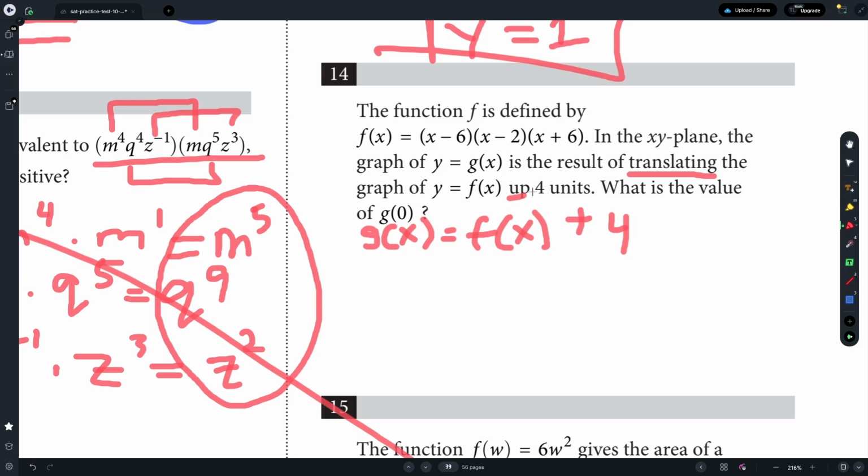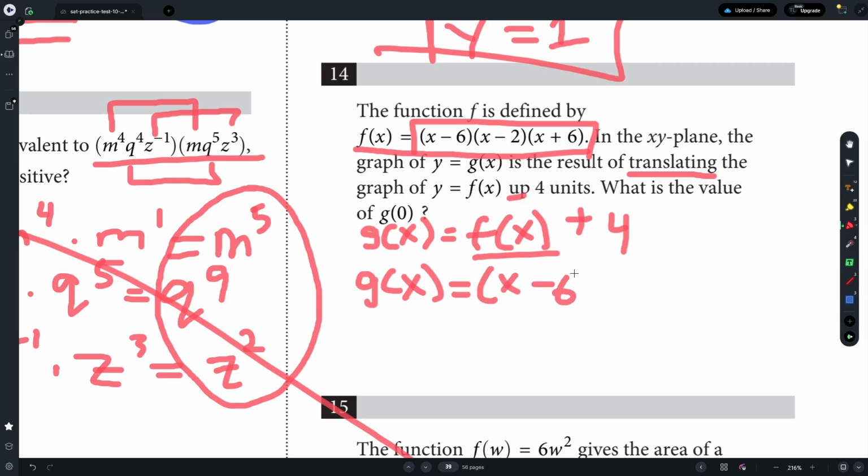And it says that f of x is this expression, x minus 6 times x minus 2 times x plus 6. So we can just substitute that for f of x, right? That would mean g of x is equal to x minus 6 times x minus 2 times x plus 6.